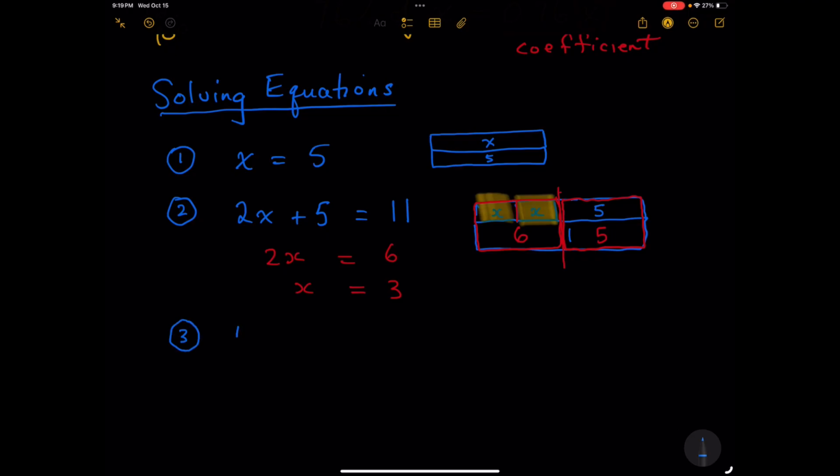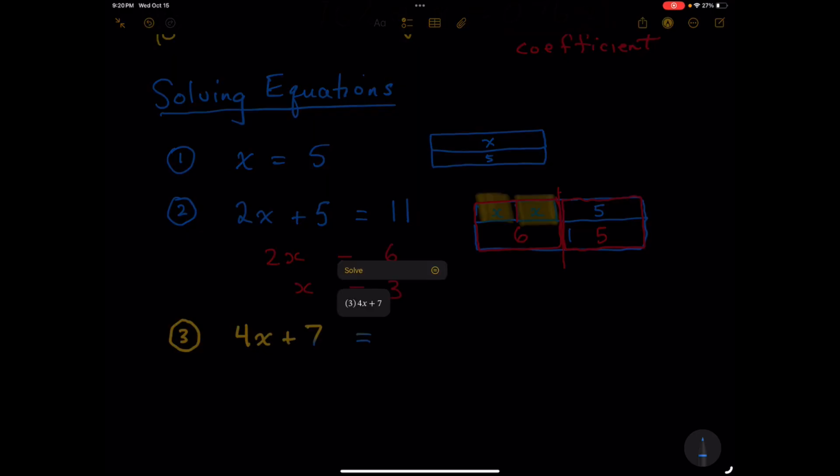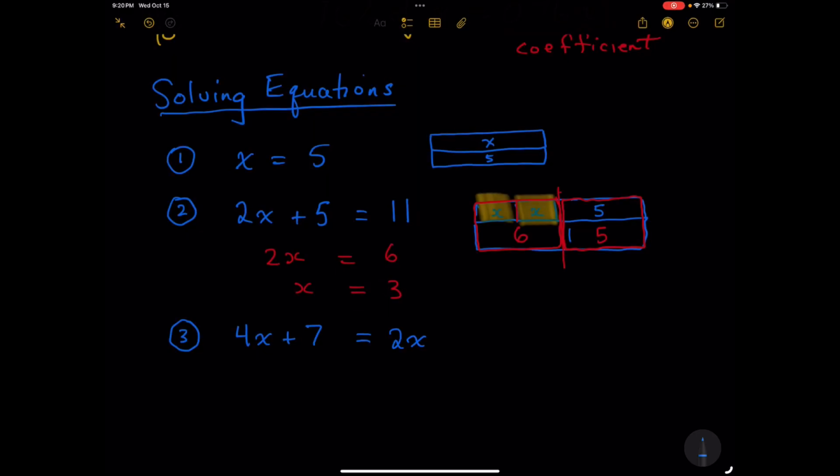What about something like 4x plus 7 is equal to 2x plus 17? Okay. Now we're getting a little bit bigger equations here, but I can still think about it with these boxes.